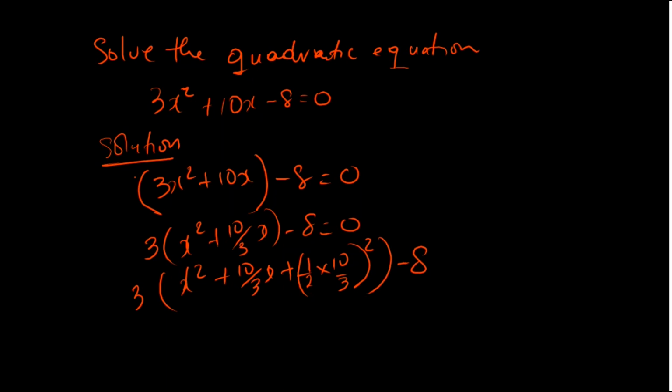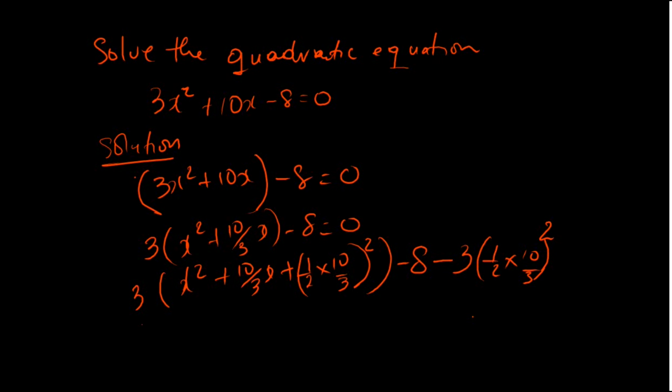And because we added that, we're going to have to subtract it. And the half times 10 over 3 is being multiplied by 3. So we're going to have to subtract 3 times half times 10 over 3 squared. So we're taking it back out after adding it.